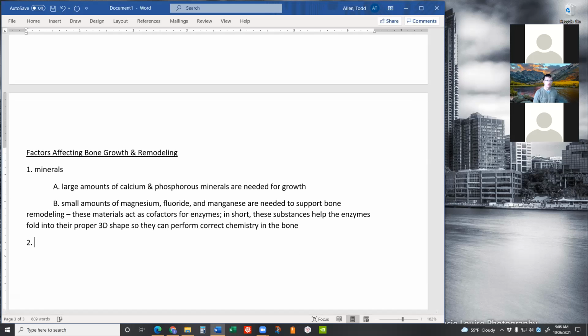Okay, so mineral is very important for the growth and remodeling of bone. Vitamins, also critically important, okay? Vitamin A is a vitamin that's important for stimulating osteoblast activity. Let me ask you this question in the chat window here.